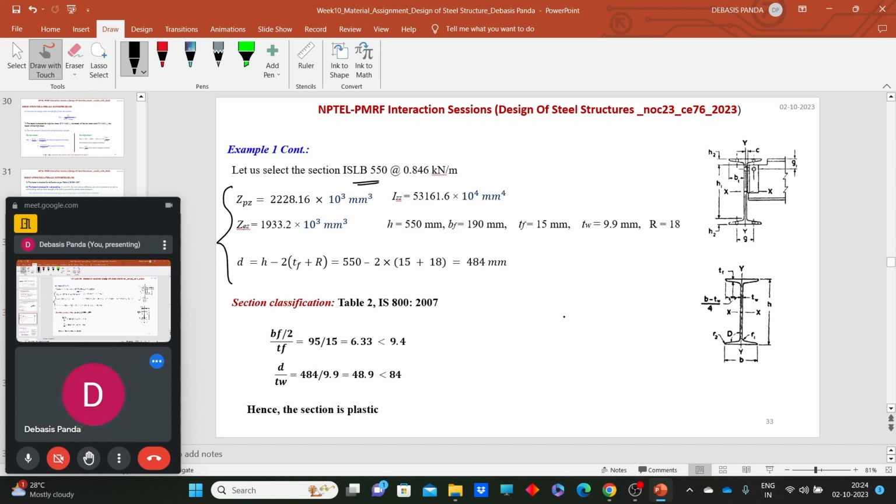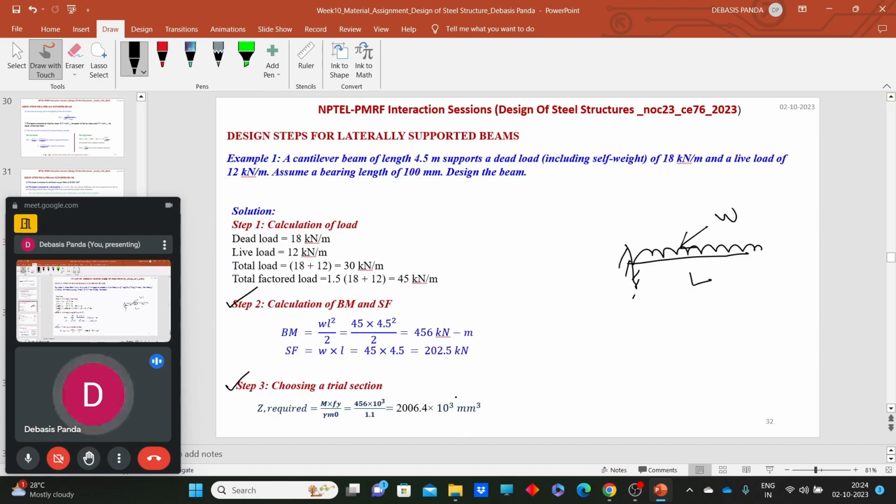In the next stage we classified the section, whether it is plastic, semi-compact or compact, because initially, to calculate the value of Z required, we assumed that the section is a plastic section.